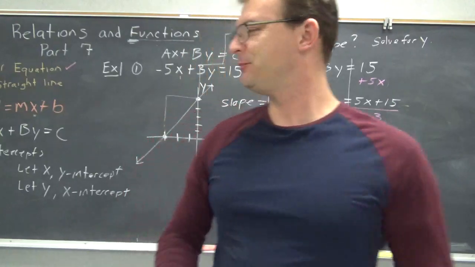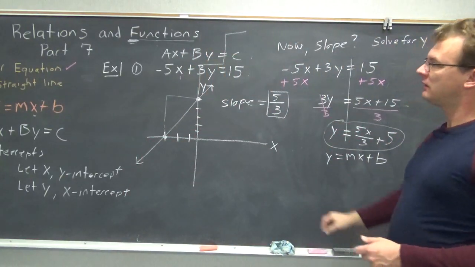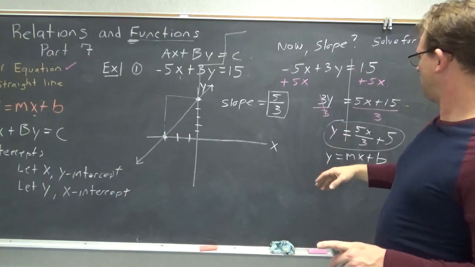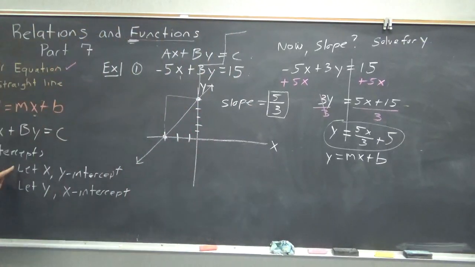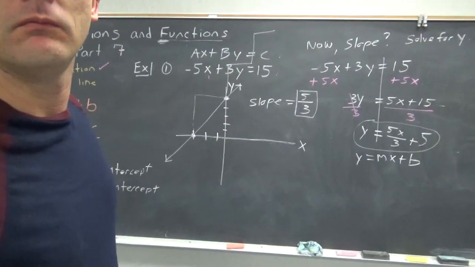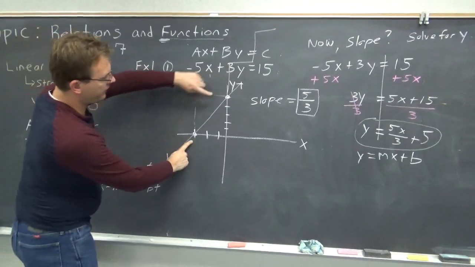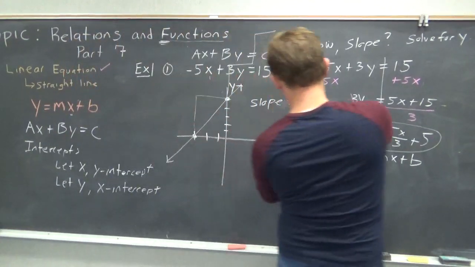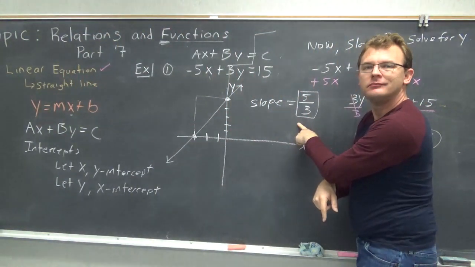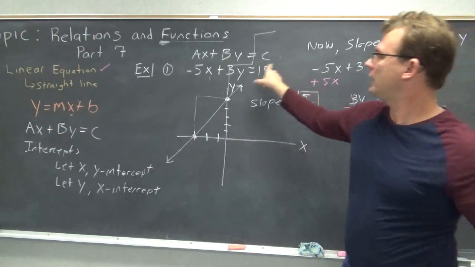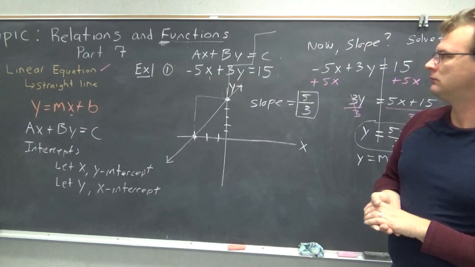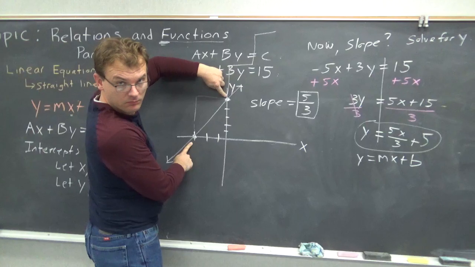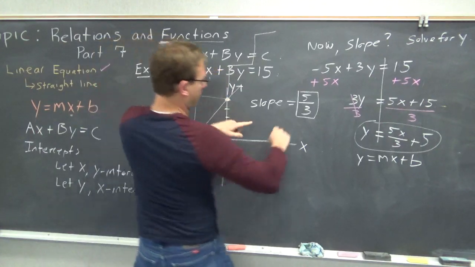And there's your slope. So you just figured out from one equation the intercepts and the slope. One more time, from one equation, you just figured out the intercepts and the slope.